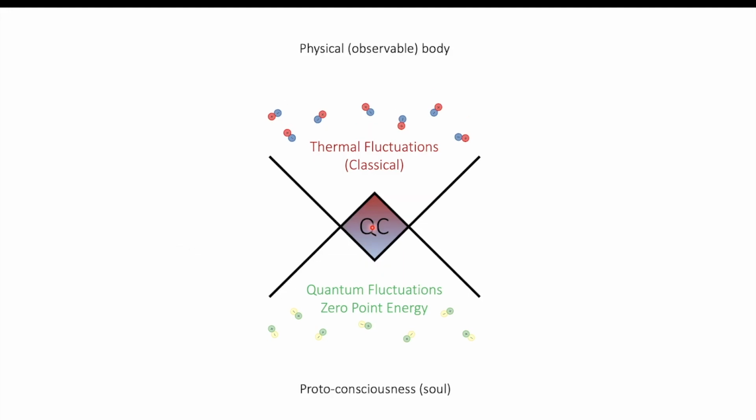Okay, so let's get to the next slide, which is here. I assign our physical observable body, that's our cells and DNA and so on, to the classical fluctuations. And then we have a soul, and that's where our actual I identity exists.